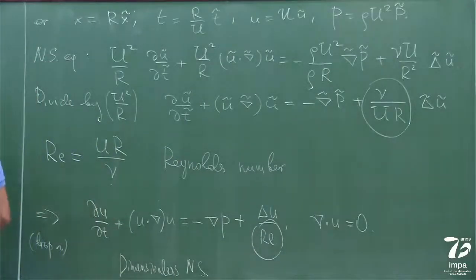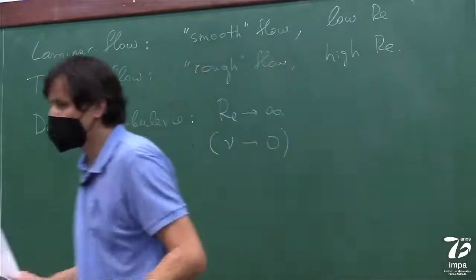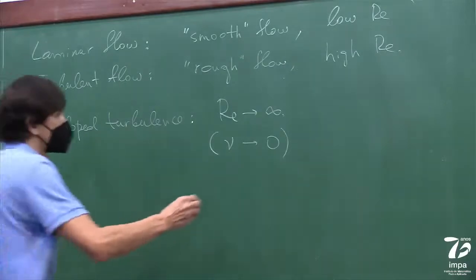So putting Reynolds to infinity mathematically is the same as putting viscosity to 0. Though you remember that viscosity never goes to 0. Viscosity is always fixed. It's that Reynolds goes to infinity because the system becomes large. But it's okay. So it's a kind of vanishing viscosity limit.